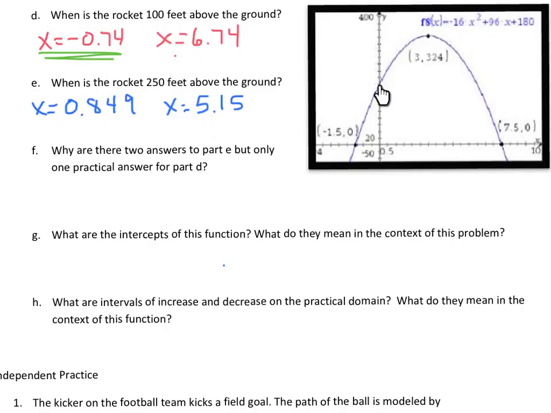But it only hits 100 feet on the way down because it's starting off higher than 180 feet. So I'm going to say that the reason why there's 2 answers for part E but only 1 practical answer for part D is because the negative 0.74 is not in the practical domain.